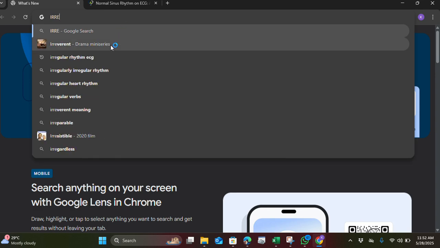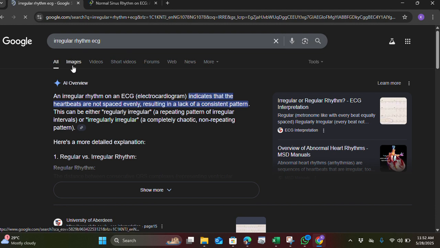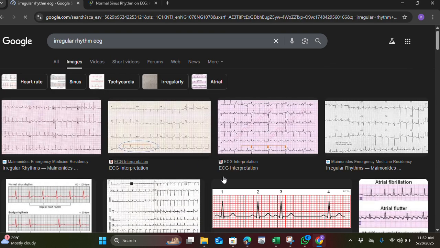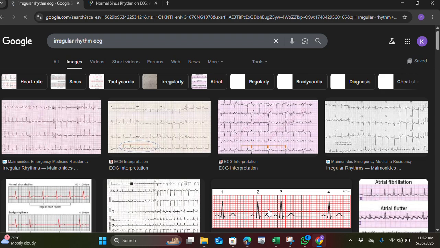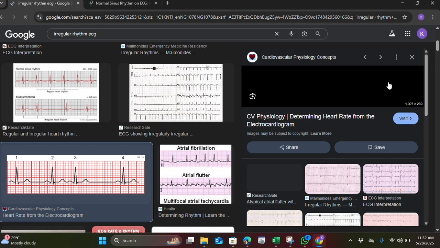So let's just search irregular reading ECG. Now let's look at some images that have to do with that irregular reading, so that you can know what I'm saying. Because there are actually different types of irregular reading.